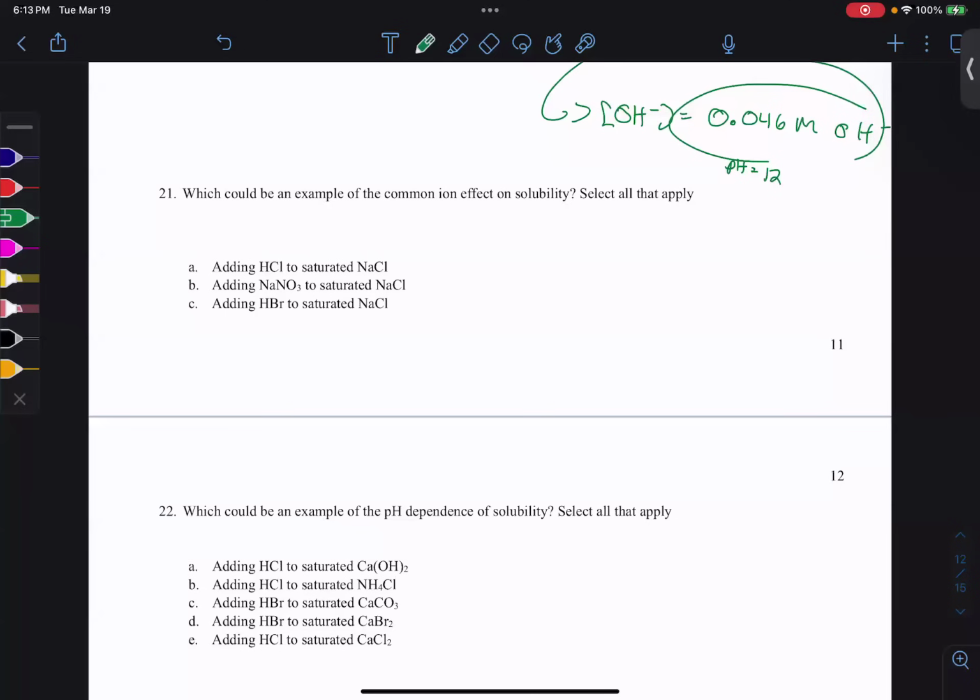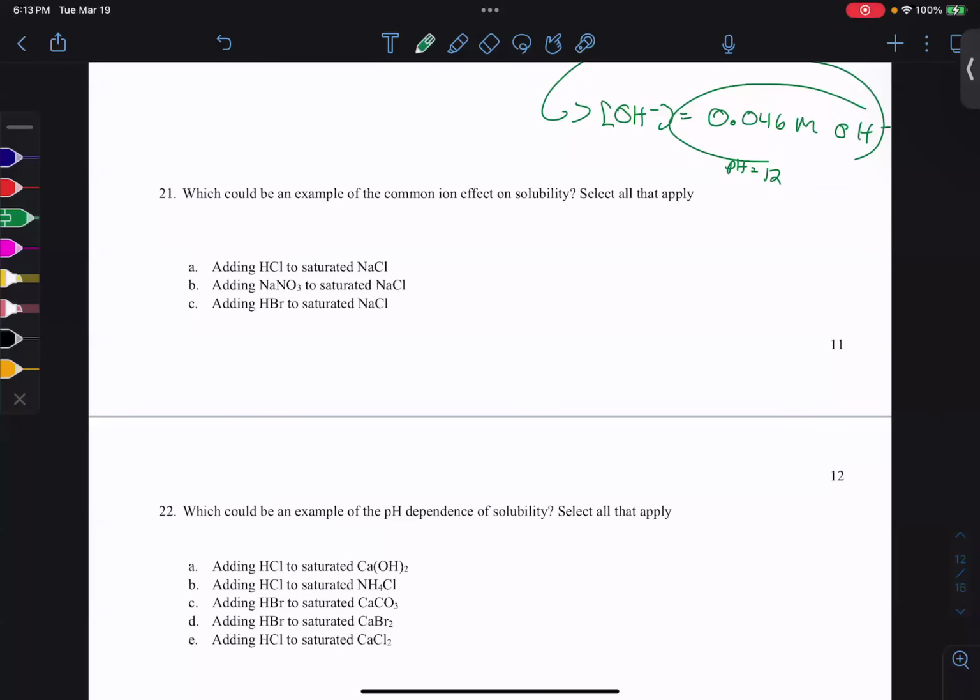Using concepts that we learned in this chapter, why do you think solids are more soluble at higher temperatures? What is changing? KSP is changing. How is the value of KSP for a solid changing when you increase the temperature? It's probably getting bigger. And that's why things get more soluble, because KSP changes.